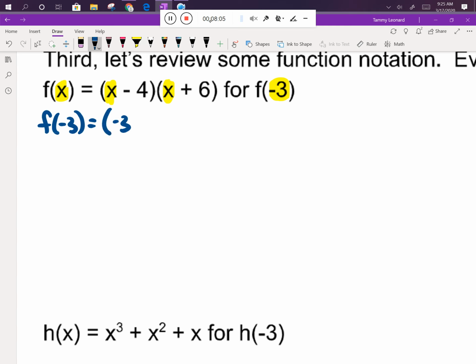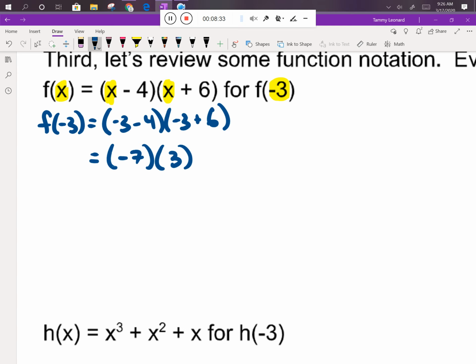Now there aren't any variables left, so this is really just an arithmetic problem. I'm going to do what's inside the parentheses because I'm following the order of operations, right? Start with parentheses. So negative 3 minus 4 is negative 7. Negative 3 plus 6 is positive 3.